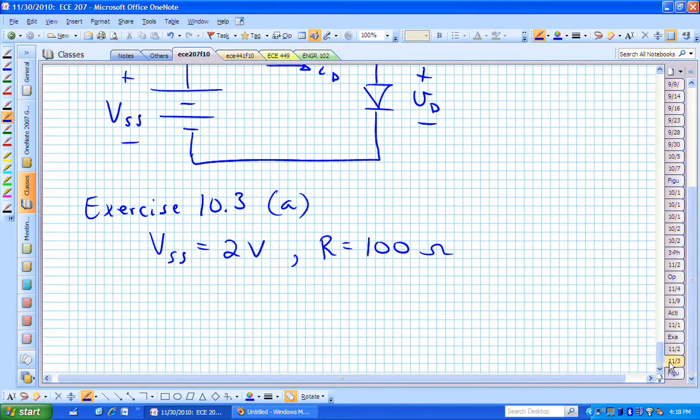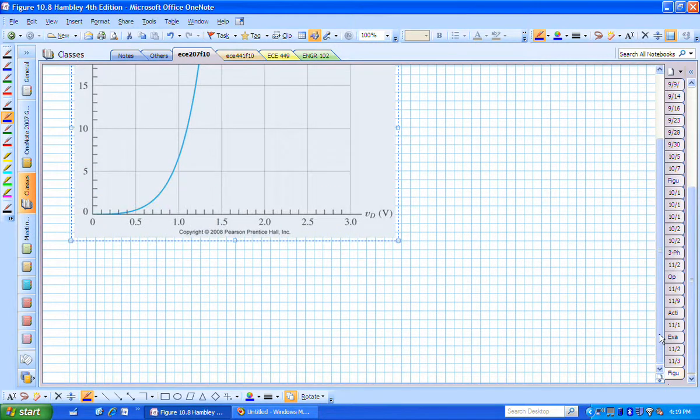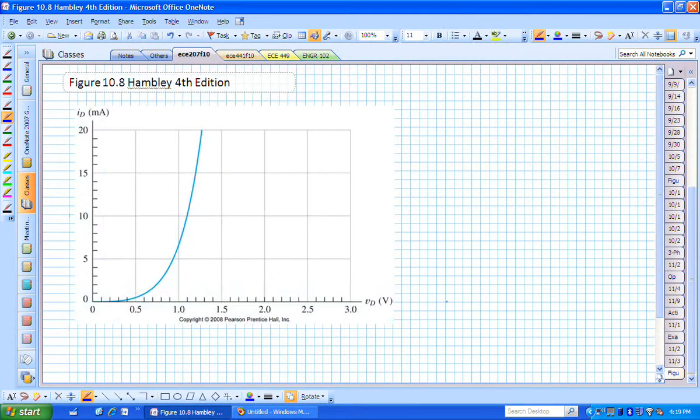What they also tell us is that the current voltage relationship of the diode is given by figure 10.8, which is this figure. That's figure 10.8 in the 4th edition of Hambley. That's what current will flow given a particular voltage across that diode.